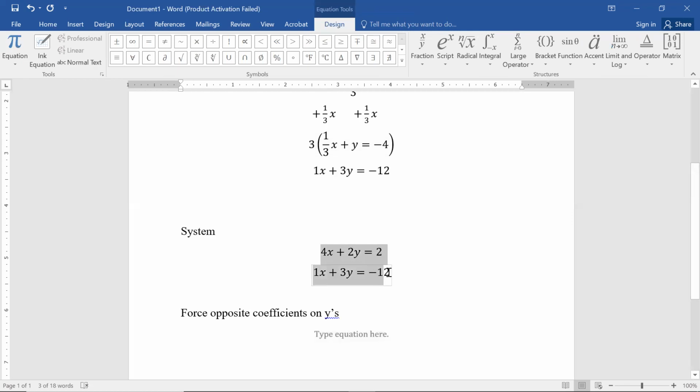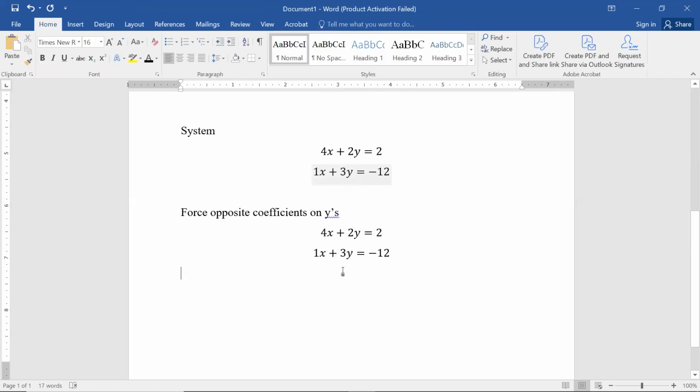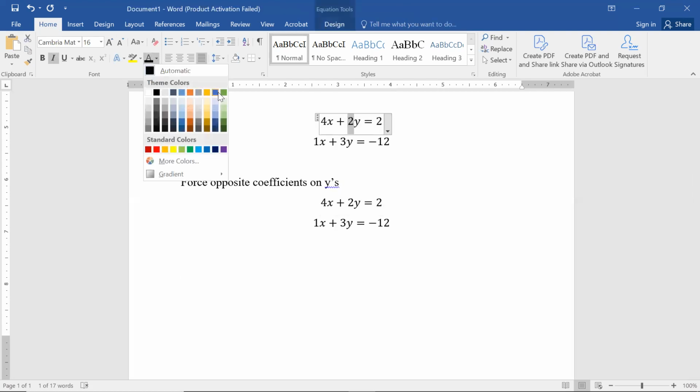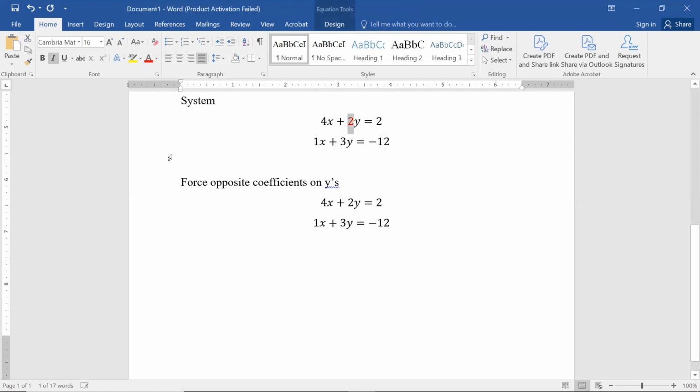When I do that, I take my system, and I say, well, the coefficient of y in the first equation is 2. Let's write that in front of the second equation. The coefficient of y in the second equation is 3. So let's write that in front of the first equation.